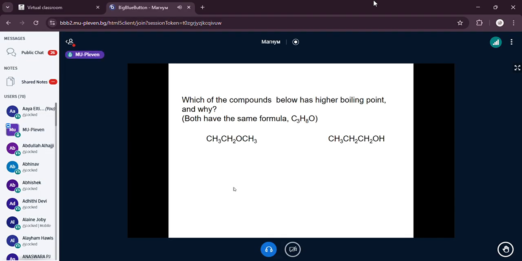Functional isomerism because this compound is ether and this is alcohol. But which of these has a higher boiling point? This one. What is the name?